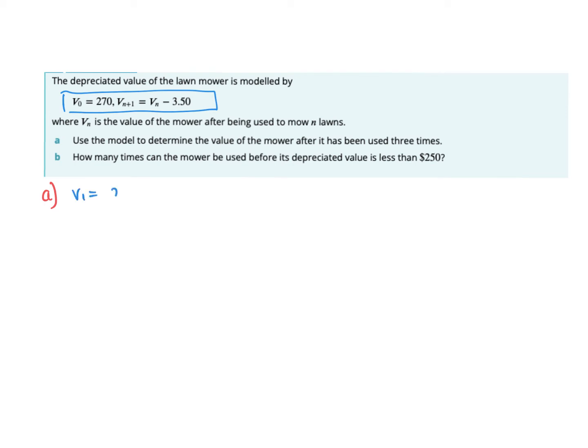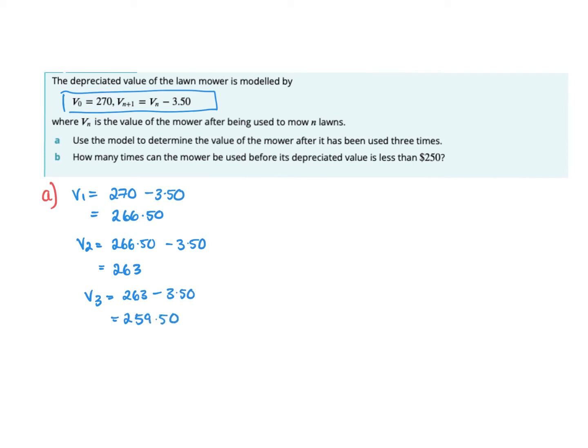So V1 is 270 minus $3.50, and that equals 266.50. Then V2 would be 266.50 minus $3.50, which equals 263. And then V3 is 263 minus $3.50, which is 259.50. So what is the value after 3 times?